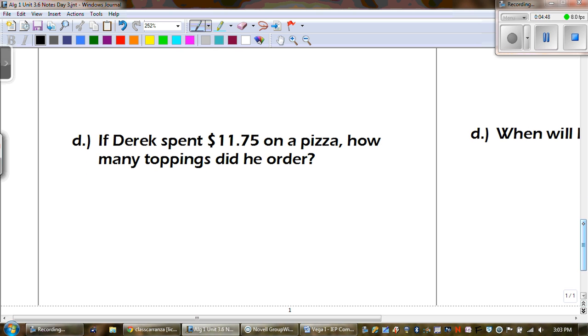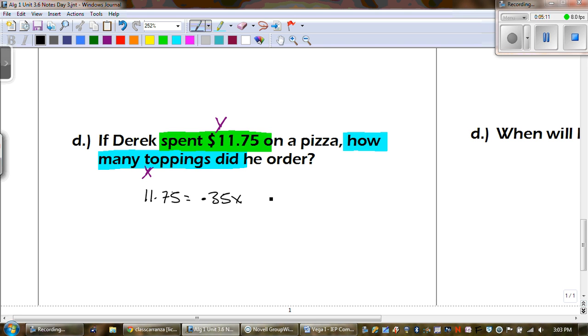All right, in D, if Derek spent $11.75, how many toppings? Okay, so this is the exact opposite now. Now they told us the y, but we don't know the x. So we have 11.75 equals 0.35x plus 10. So this one we have to solve.